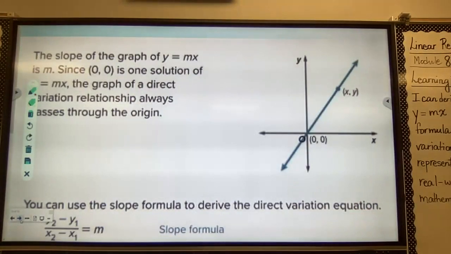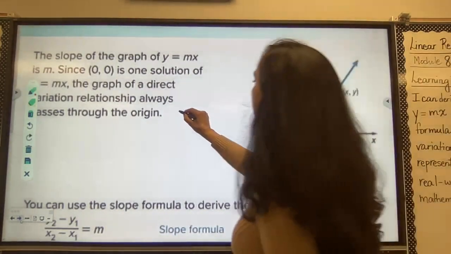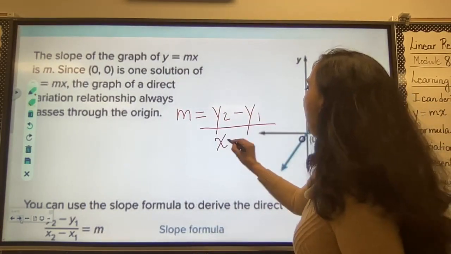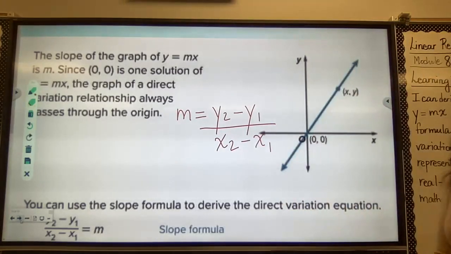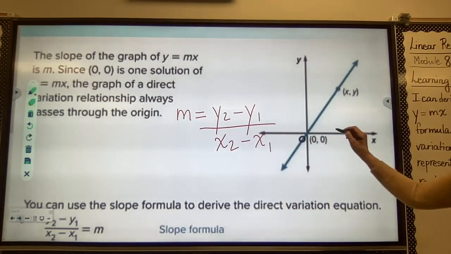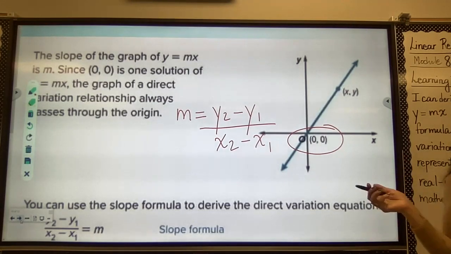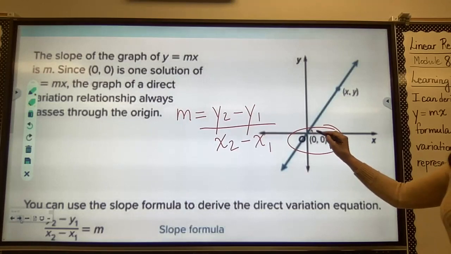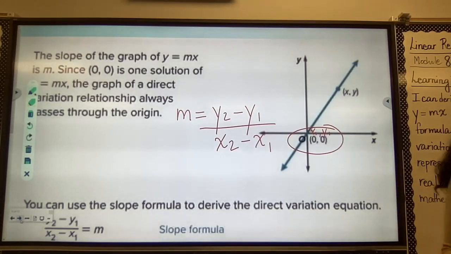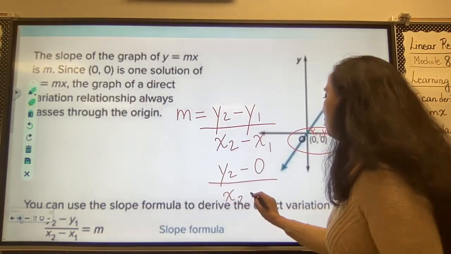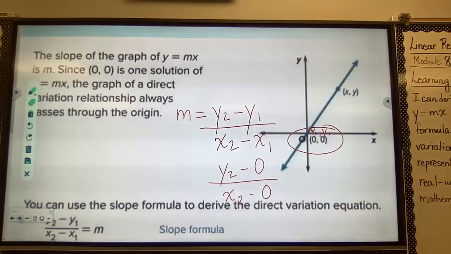We know the slope formula: m = (y2 - y1)/(x2 - x1), and we can see that one of the points is the origin, because the line has to pass through it. So x1 and y1 in this case are both 0. We are just going to replace, so we have (y2 - 0)/(x2 - 0).